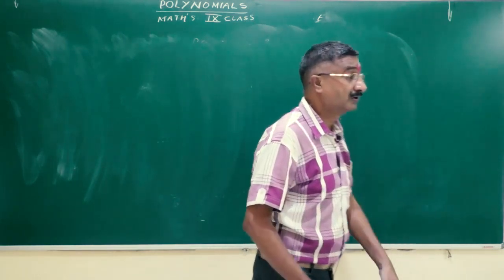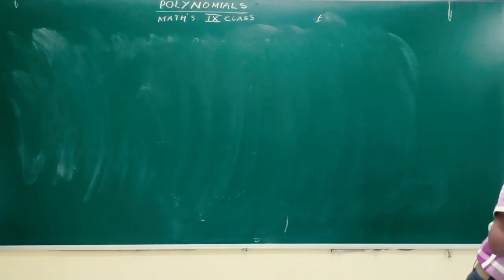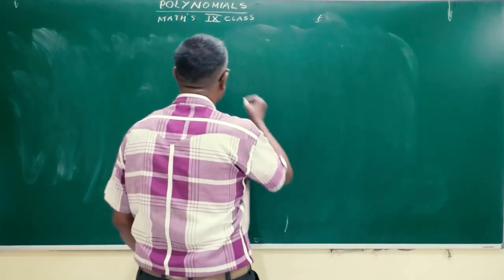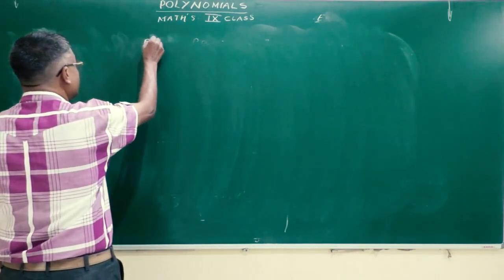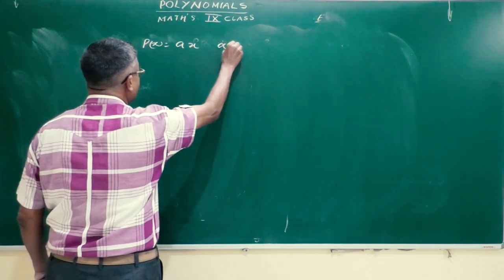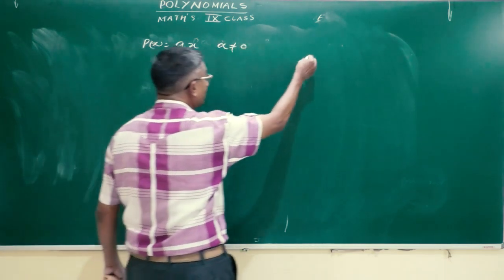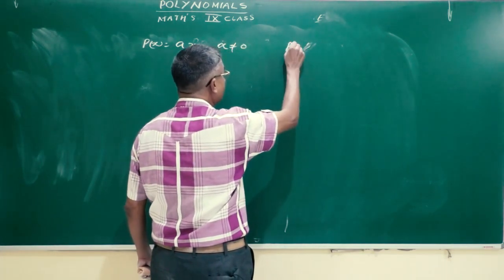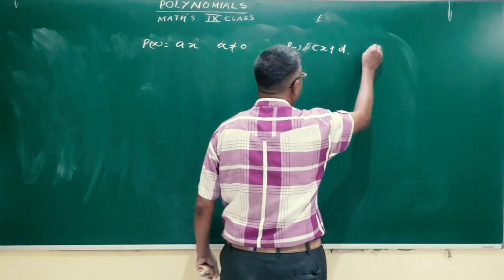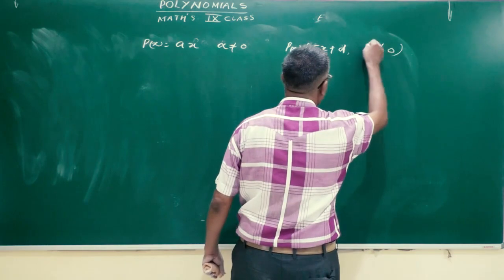So now the next question is Px is equal to Ax and Px is equal to Cx plus D. Okay. Px is equal to Ax where A is not equal to 0 and Px is equal to Cx plus D where C is not equal to 0.